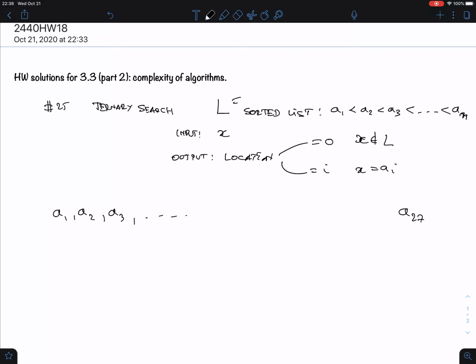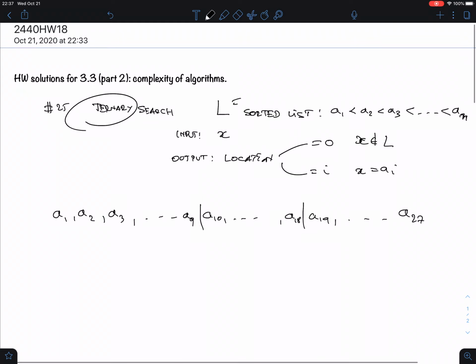We know that these are ordered, and so the ternary, that refers to 3, says divide this list in 3 equal parts. So let's see, the first 9, then you would have A10, A11, and so on, and then this would be A9, this would be A18, this would be A19, if you think about it, and so on.